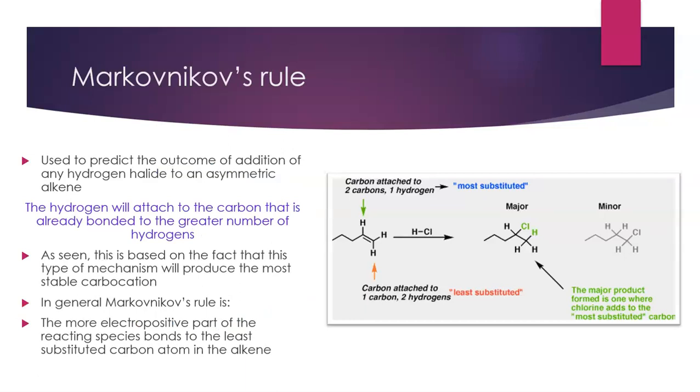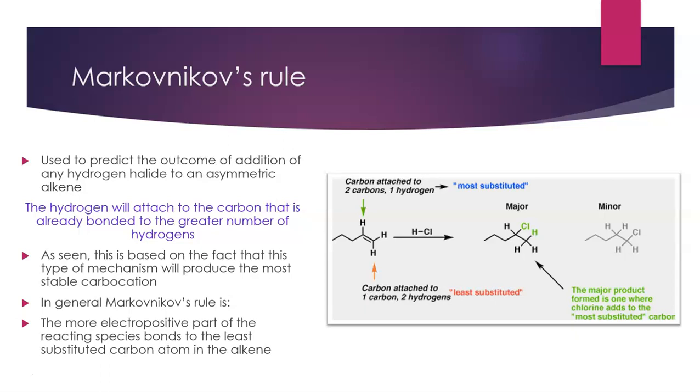Markovnikov's rule is what we use to predict the outcome of an addition reaction for any hydrogen halide with an asymmetric alkene. The simple rule is that the hydrogen will attach to the carbon that is already bonded to the greater number of hydrogens. That will give the greater inductive effect to the other carbon, which is going to be where our carbocation forms.